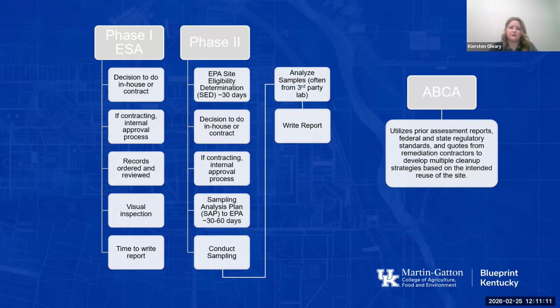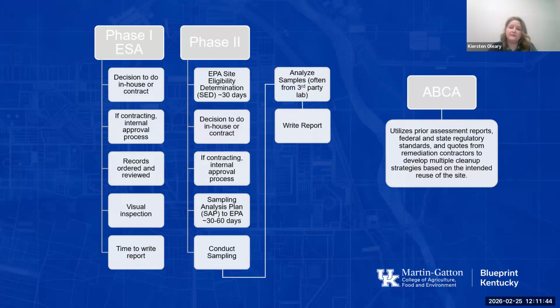And all of that is true of a phase two as well, except for with a phase two environmental site assessment, there is a little bit more involvement from EPA on our side of things. So that site eligibility determination, or SED, under the phase two, takes about 30 days to get back, just to make sure that we're spending money on a site that does qualify for the funding, as well as some additional quality assurance documentation for that sampling analysis plan.